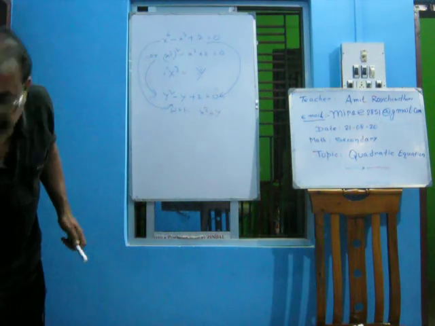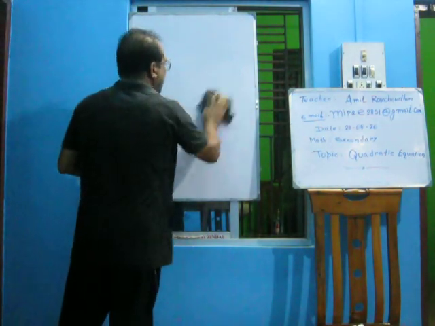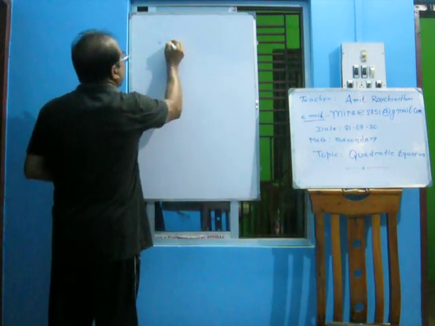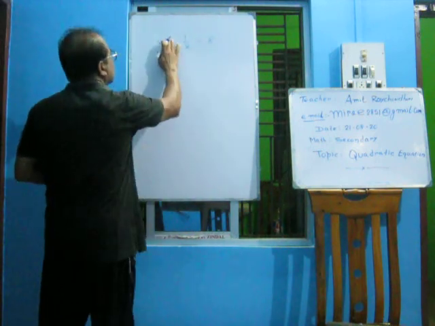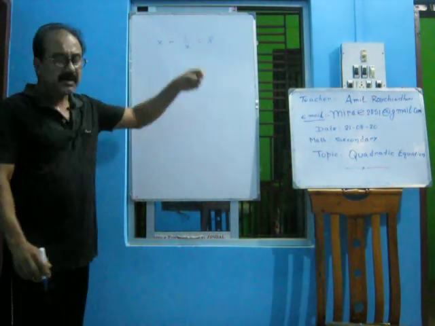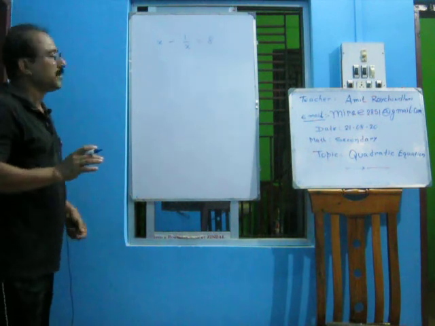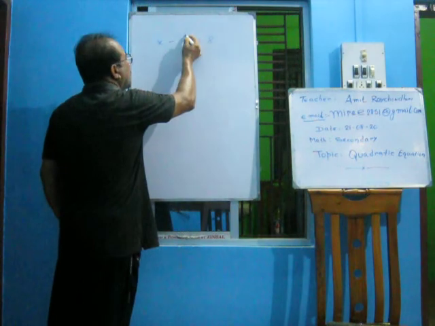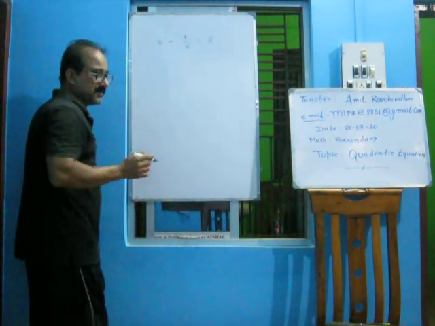This type of equation is frequently asked in short questions. Another: if I am writing x plus 1 by x equal to 8, or with a minus, is it a quadratic equation? First I have to check, because it is not an integer, it is a fractional expression. So what should I do?